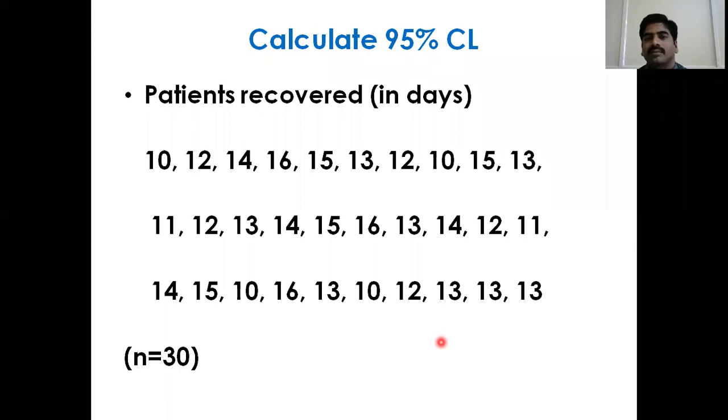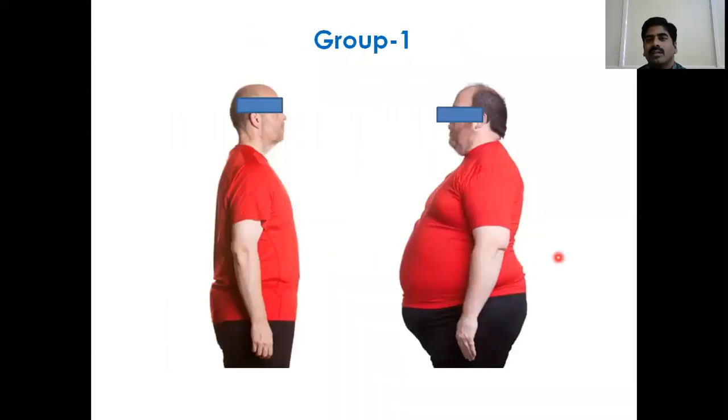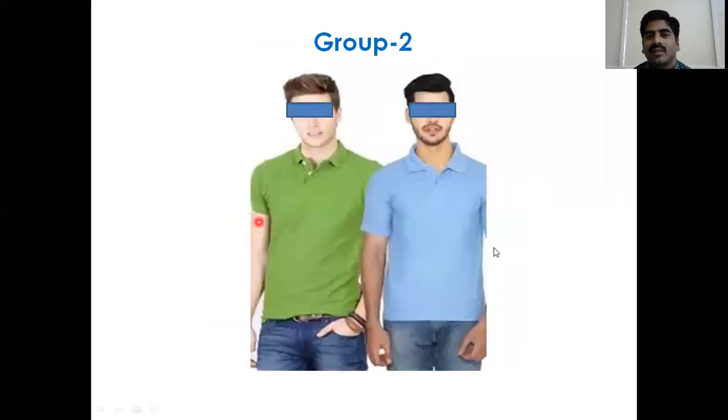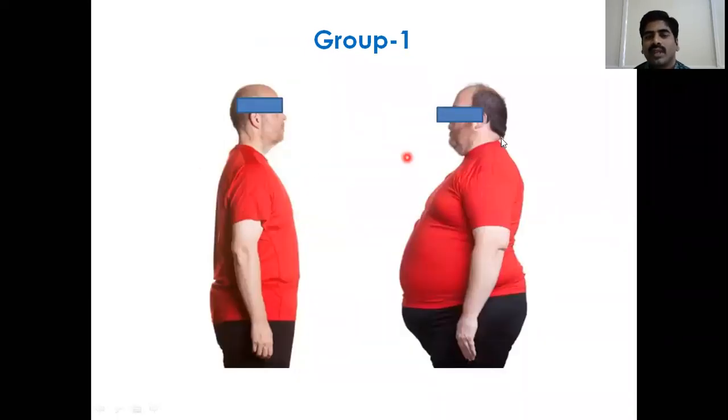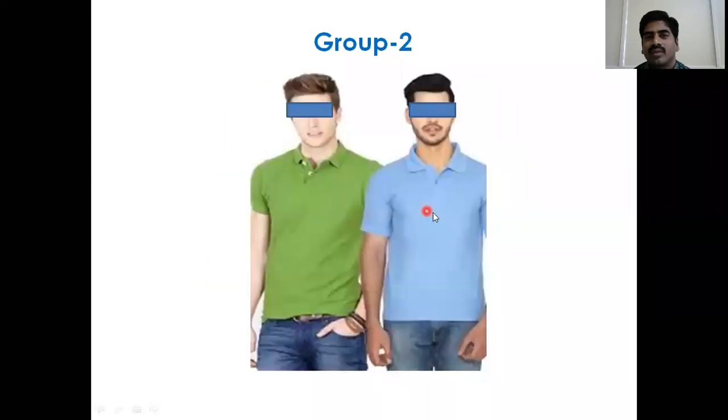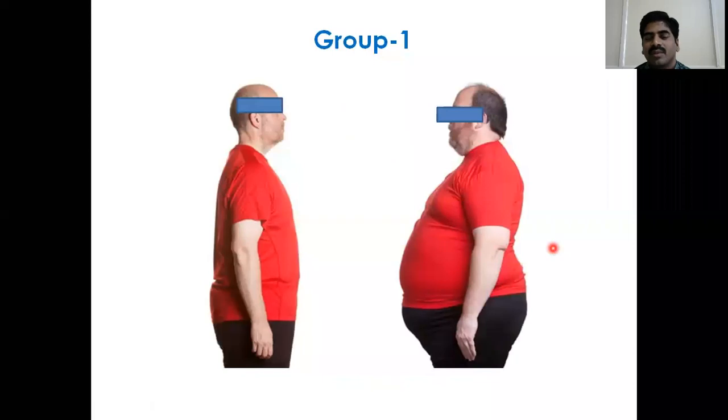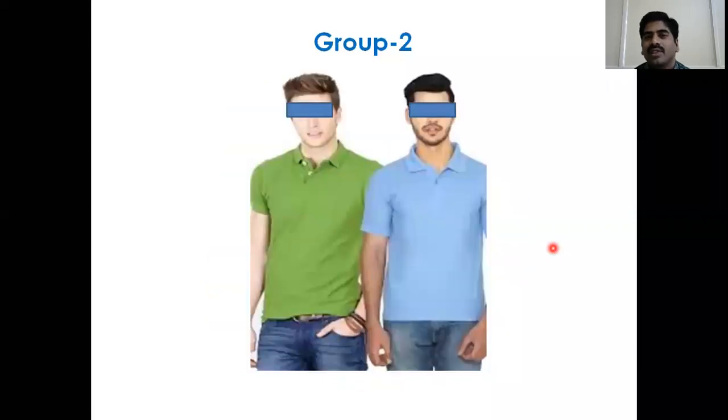Okay. So this is the last question. This is group 1, you observe here. And this is group 2. Group 1 has 2 samples, and group 2 has 2 samples. Tell me which group is showing more deviation. We can chart.